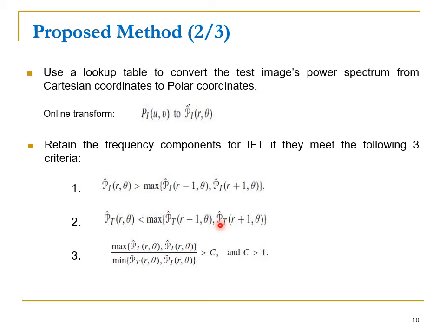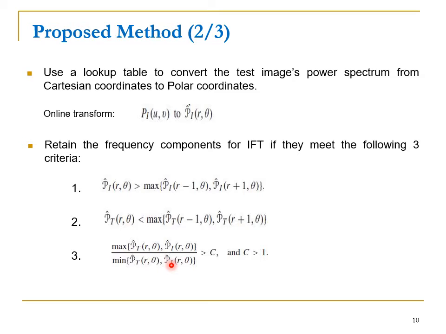And the third criterion is that at that particular point r comma theta, the ratio of powers of template and test images should be greater than a threshold C. Remember that if the maximum value in the numerator happens for the template, then the minimum value for the denominator will happen for the test image.